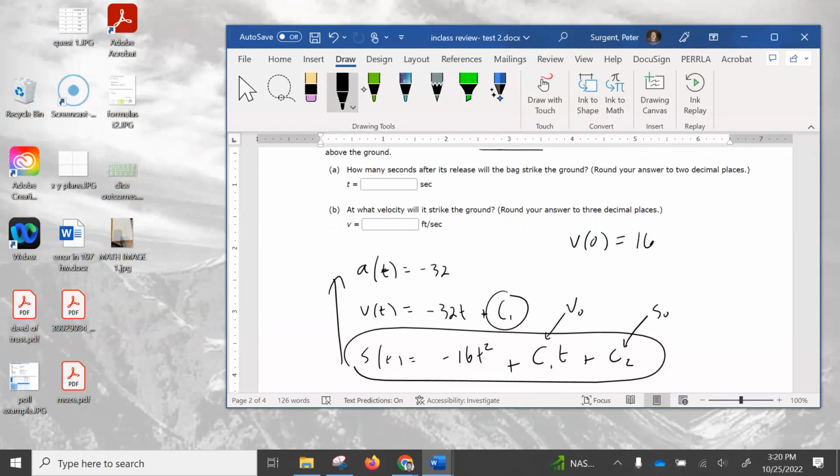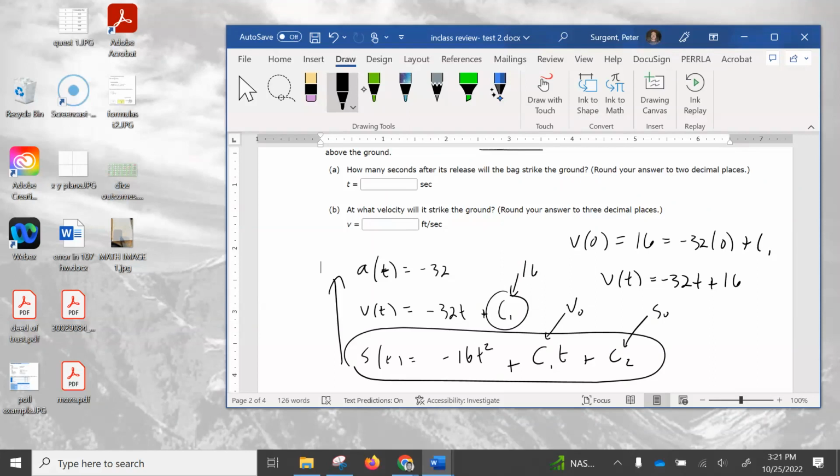So you could treat it that way, and then it would go something like this: negative 32 times 0 plus this C1, and that'll give you a 16 here. So I think that seems right without too many other options for the initial velocity, right? It just tells you the velocity, but we're going to interpret that as initial velocity.